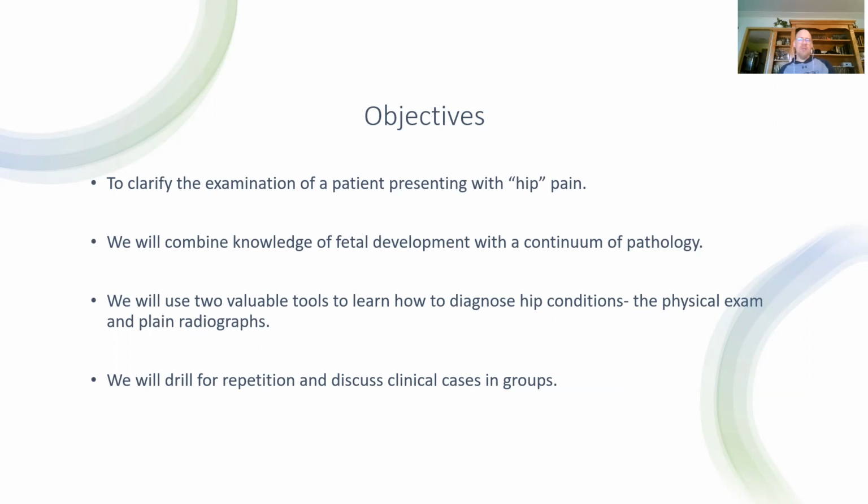It's also really important to have knowledge of how the hip develops not only in utero, but also throughout childhood, because there actually is a direct relationship between childhood hip pathology and adult pathology.